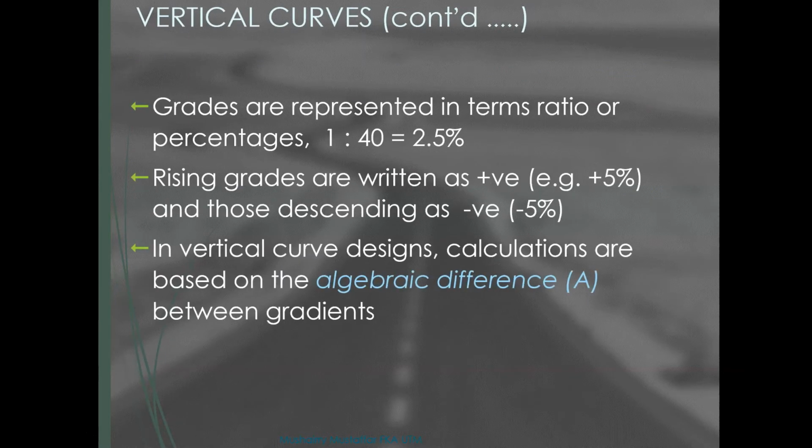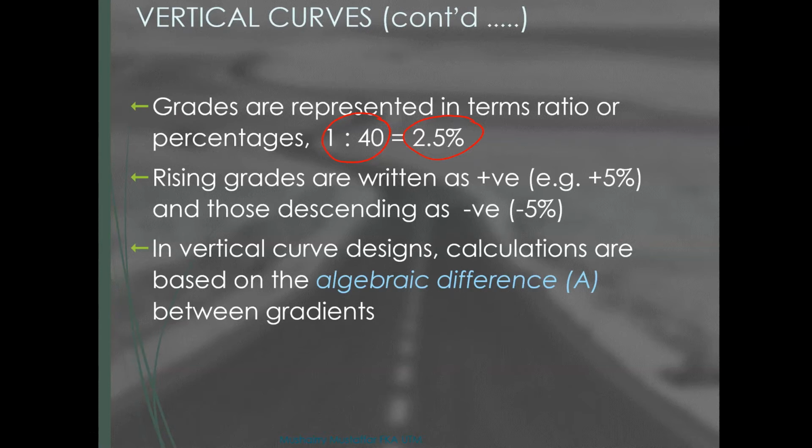When we do our calculations, grades or gradients are represented in terms of ratio, either 1 in 40 in this example, or just in percentages. These two are frequently used, either ratios or percentages.